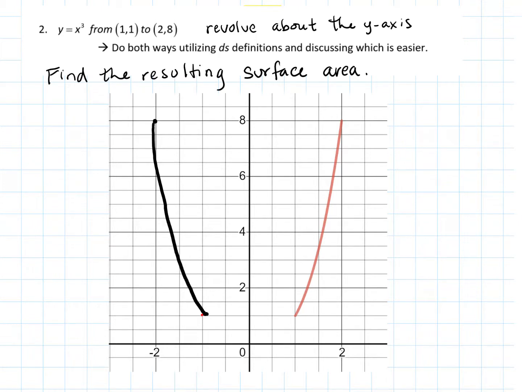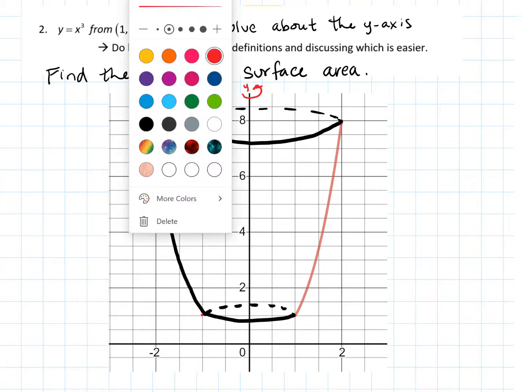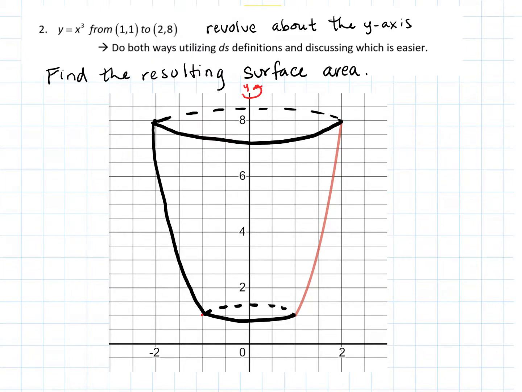We're going to end up with a solid of revolution. It's going to look something like that because we're going around the y-axis. So if we go around the y-axis, we end up with a solid of revolution that looks something like that. We want to compute the surface area.